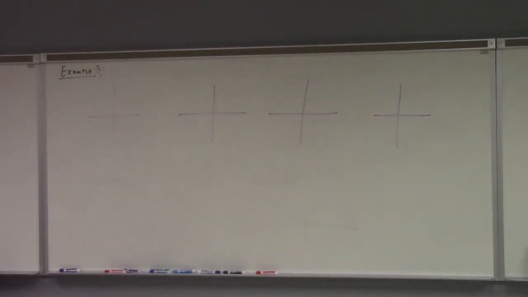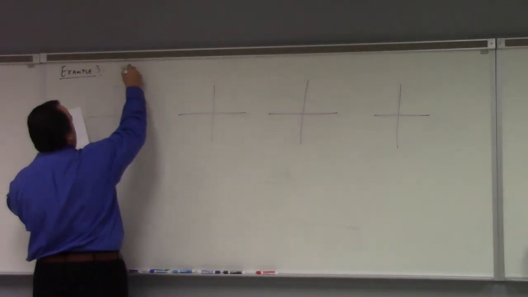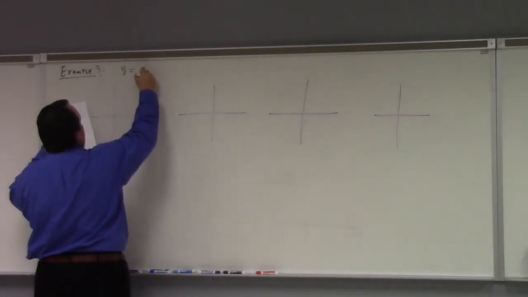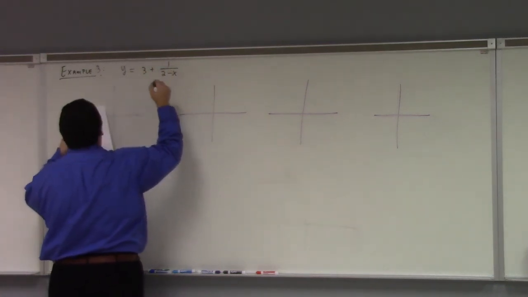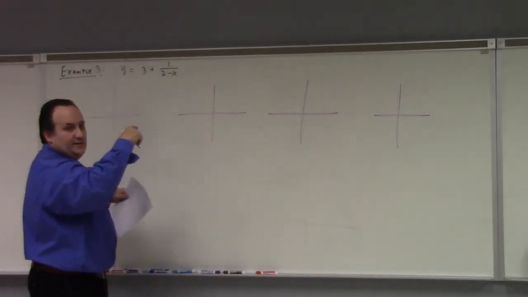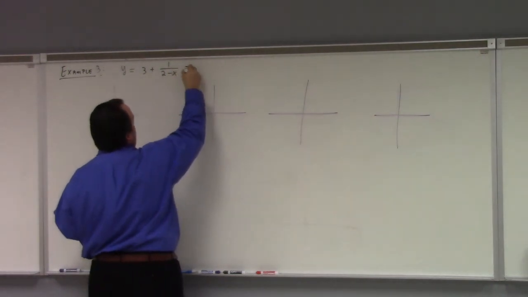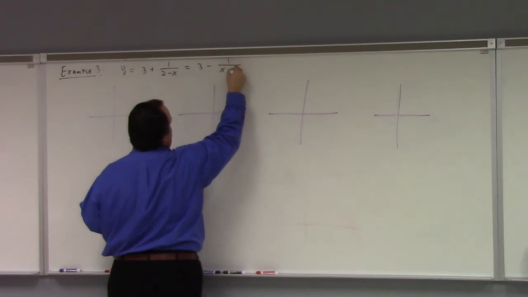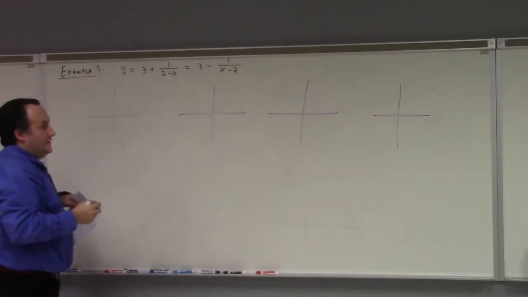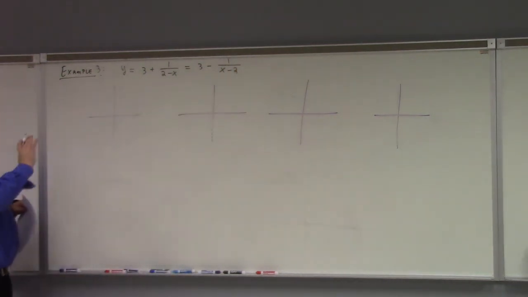Example 3, we've got y equals 3 plus 1 over 2 minus x. So my first move here is going to be to rewrite this as 3 minus 1 over x minus 2. That's easier to think about. All right? So this is pretty clearly a reciprocal graph problem, right?